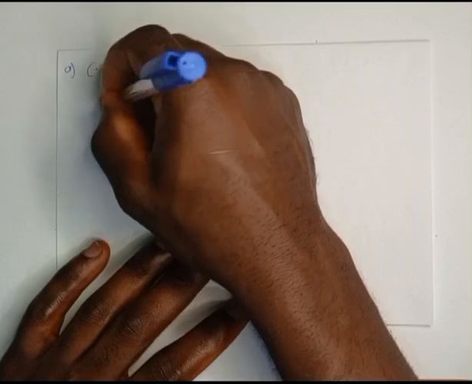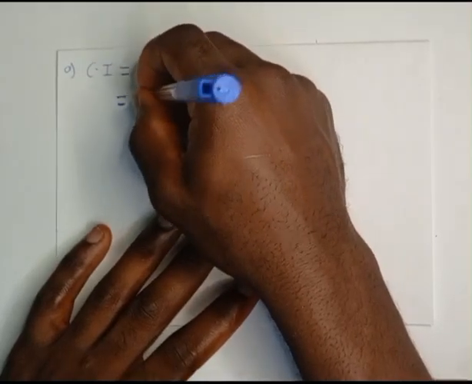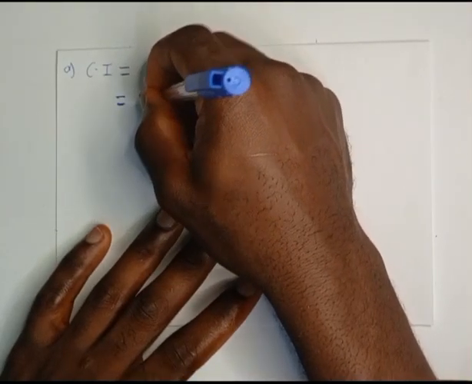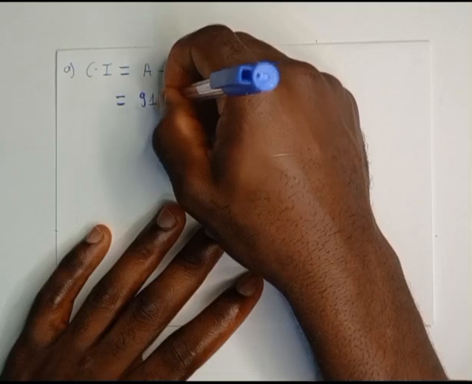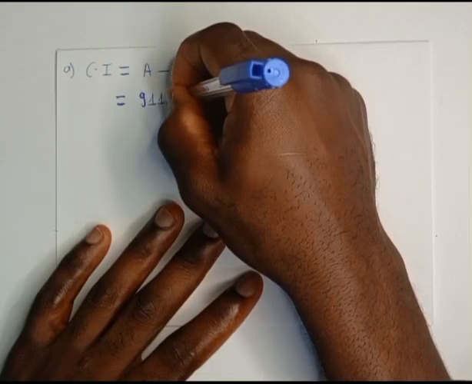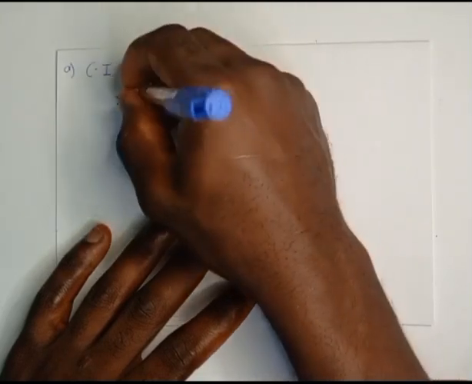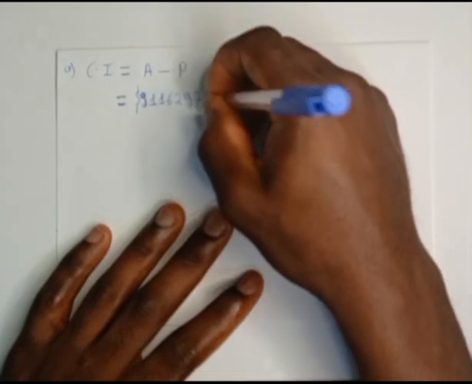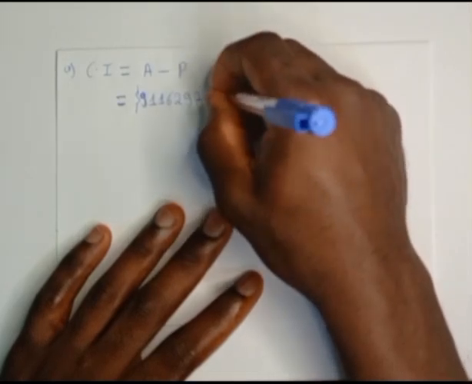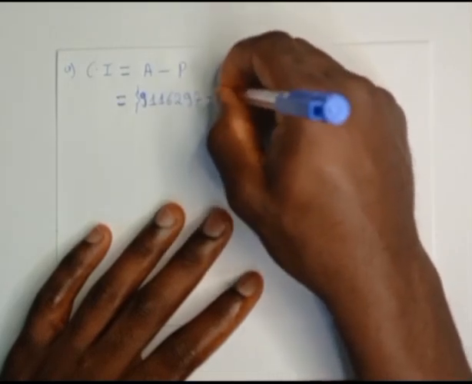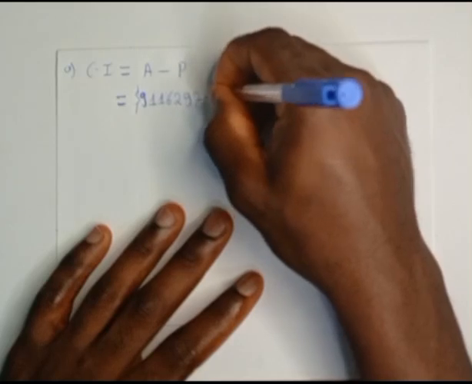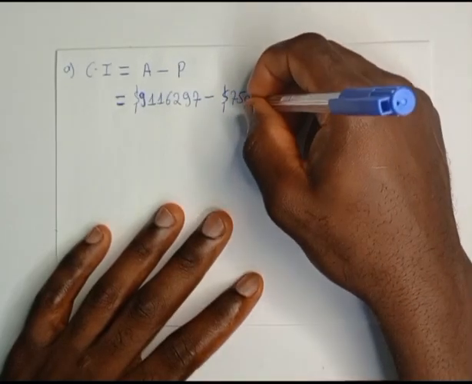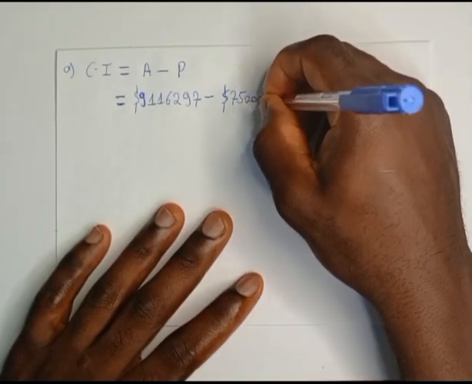The amount to the nearest dollar is 9,116,297 minus the amount which was borrowed, which is $7,500,000.